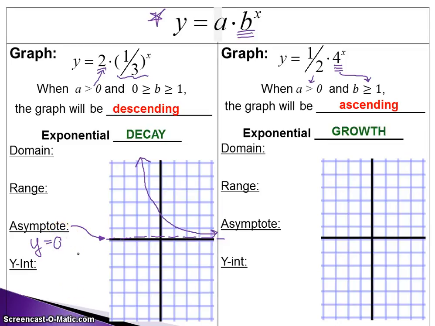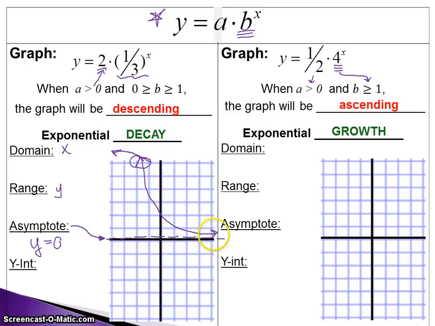My domain and my range. We've started talking about domain and range, so hopefully this is a review for most of us. Domain references my x's, my range references my y's. So when I'm looking across my x-axis, there's two things I need to notice. I've got two arrows. This arrow on the top is telling me that this line is going to keep going left and left, and it's never going to stop.